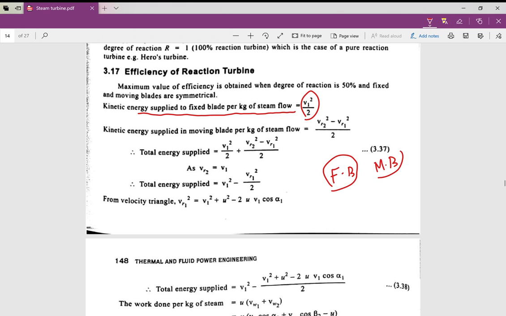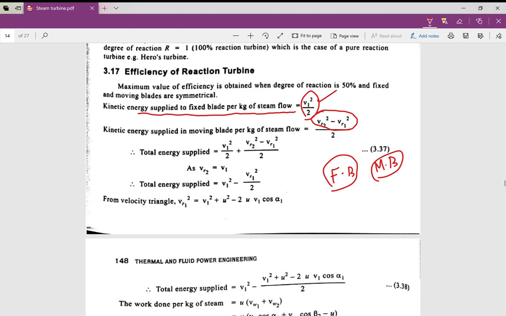Now in moving blade, we do not write V1. Why? Because in moving blade, with relative velocity, steam enters and it goes out with relative velocity again, and henceforth there is a difference in relative velocity, not in absolute velocity.